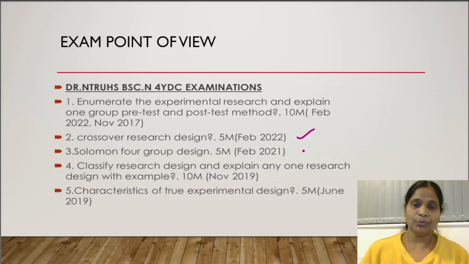And we have Solomon 4 group design, asked in 2021 and again in November 2019. We have a 10 marks question which came: classify research design and explain any one research design with example. And in the same year 2019, in June, characteristics of true experimental design was asked. So every year either 10 marks or 5 marks, or that same year 15 marks come from this question.